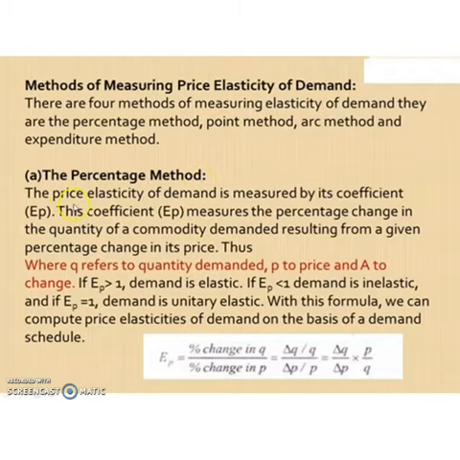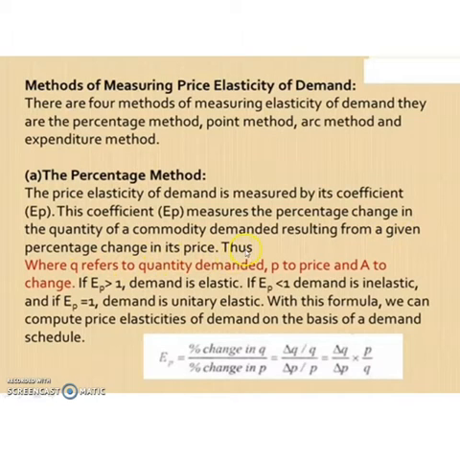Okay. So, the price elasticity of demand is measured by its coefficient. Coefficient means the ratio. This coefficient measures the percentage change in quantity of the commodity demanded resulting from a given percentage change in its price.